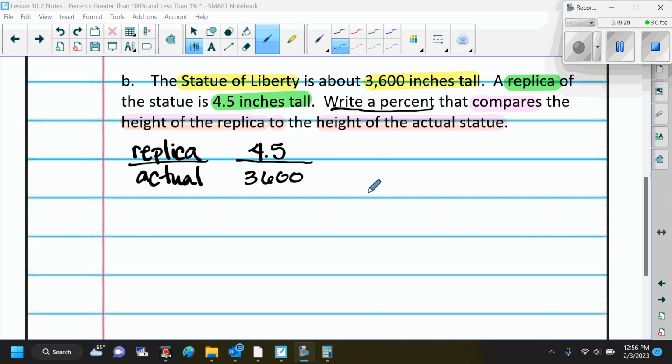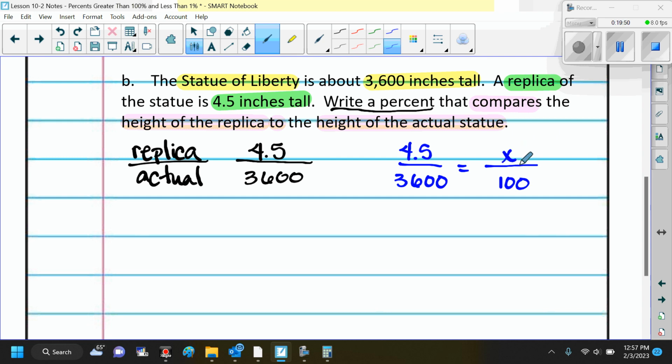So we're going to write, and remember, a percent is per 100, so we want to have 100 in the denominator. So I'm going to rewrite this as 4.5 over 3,600, and that's going to be equal to x over 100, and we're going to solve for x in the numerator.